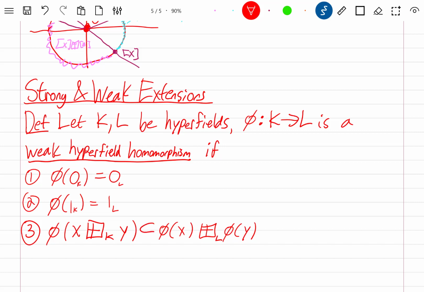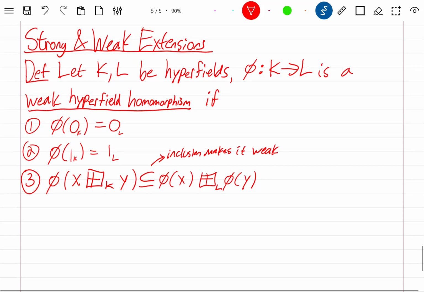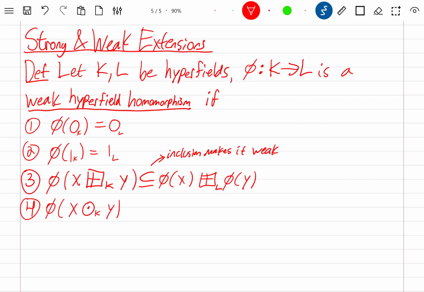But what makes it weak is the inclusion. And then the last thing is multiplication has to obey how it does.